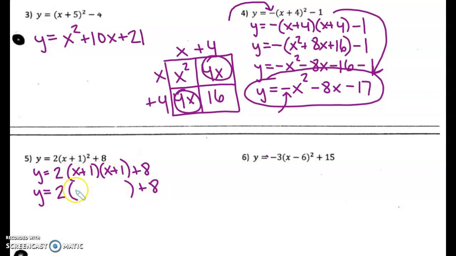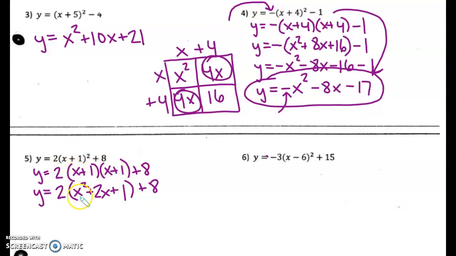So x times x is x squared. X times 1 is 1x. And 1 times x is 1x. So 1 plus 1 gives you 2x. 1 times 1 is 1. Okay, so I think you might be seeing the pattern of how to multiply the same binomial with itself.